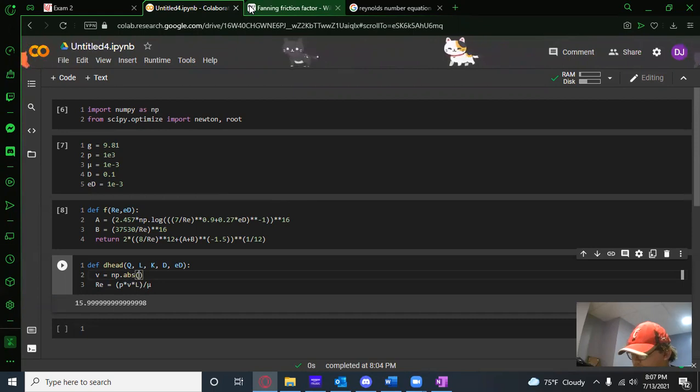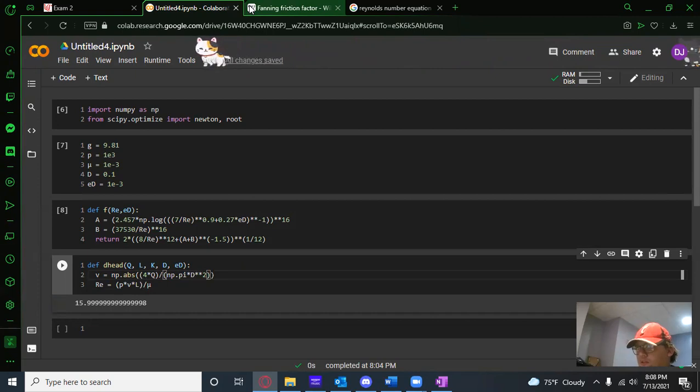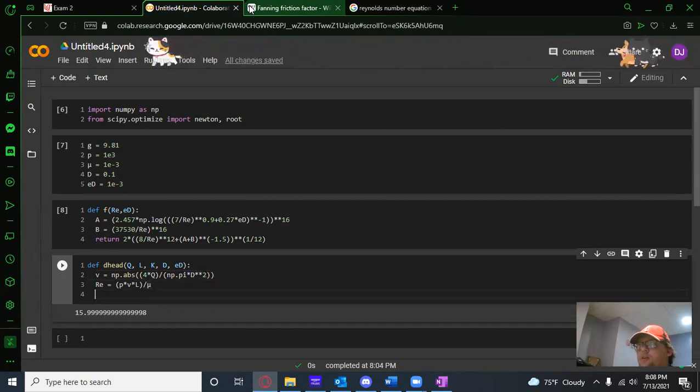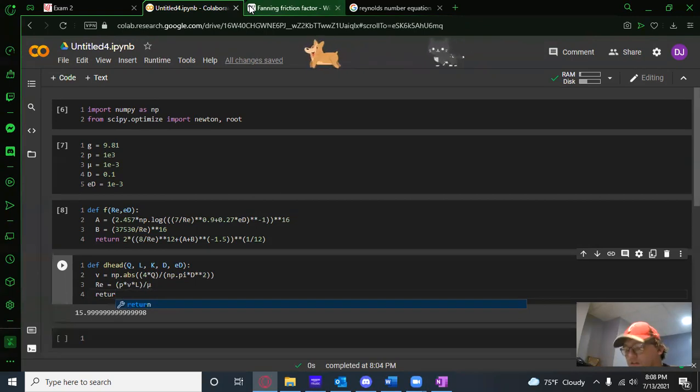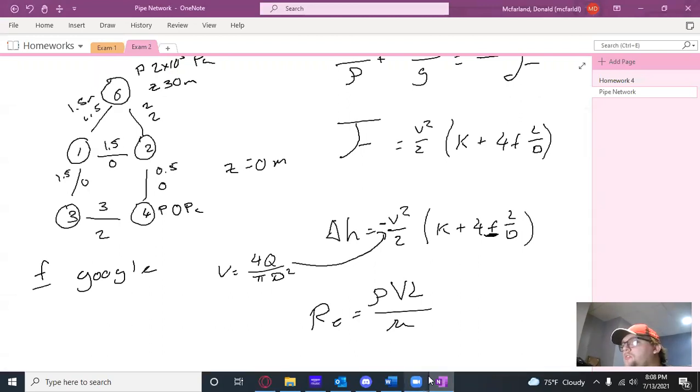So going back here, we can do 4 times Q over np.pi times diameter squared. All right. So now we can plug those values into our delta head equation right here on OneNote.